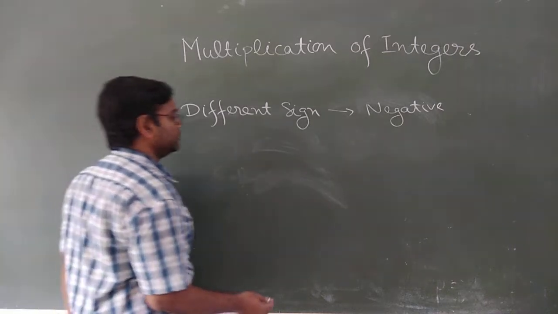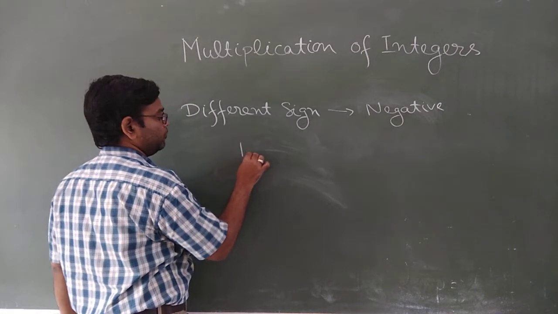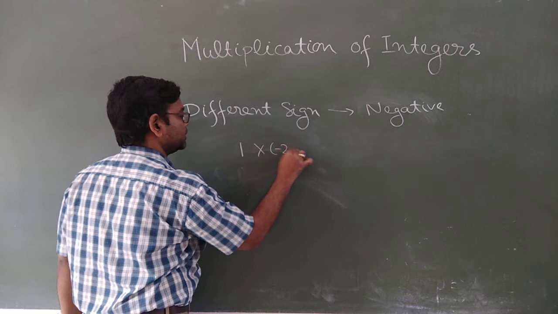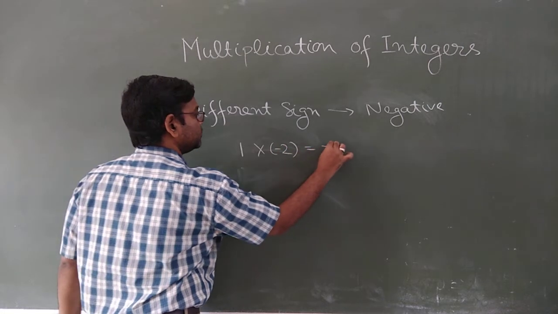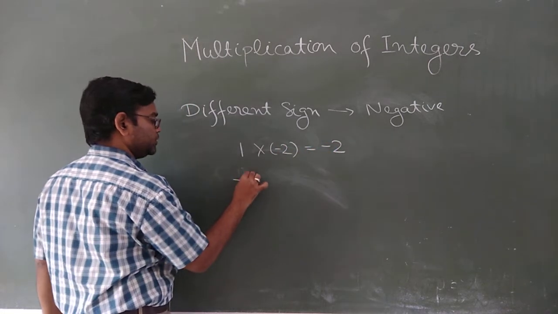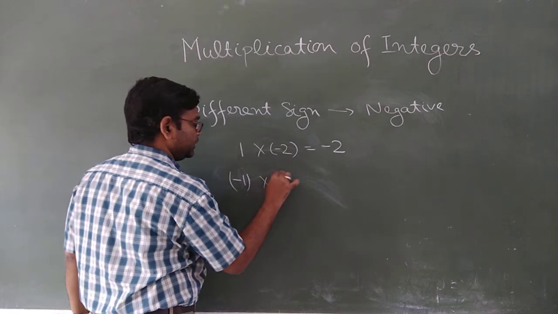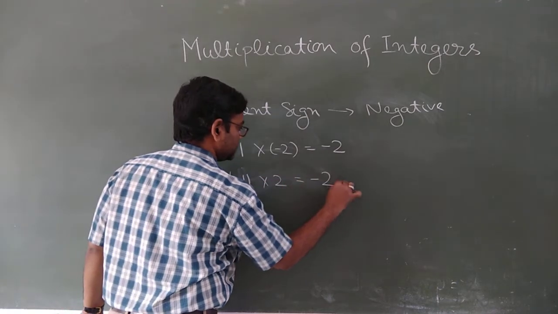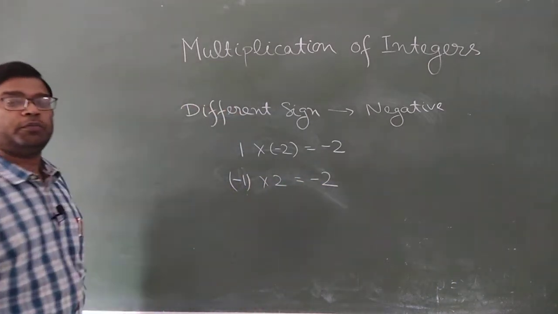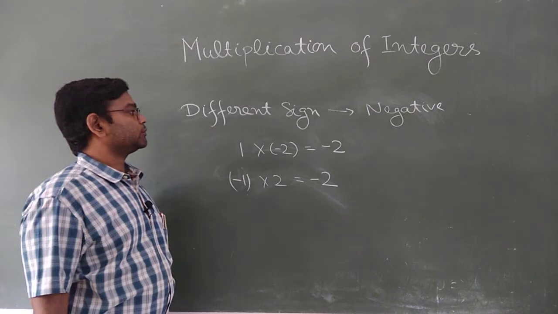How can we find out? See, one is plus sign, the other is minus sign, so the answer is minus 2. Or the first is minus sign and the second is plus sign, then the answer is negative. Hope this one is clear to you.